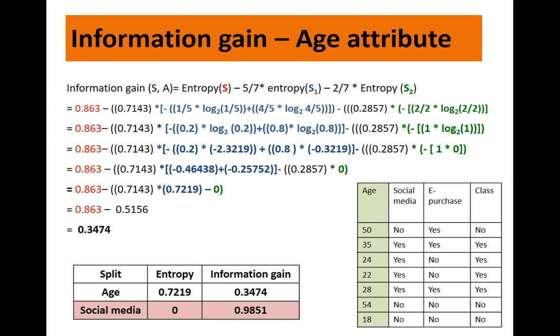Now, another measure we had for checking which attribute should be selected for splitting, that is Gini index, right? This was about information gain. Next, what we have is Gini index.